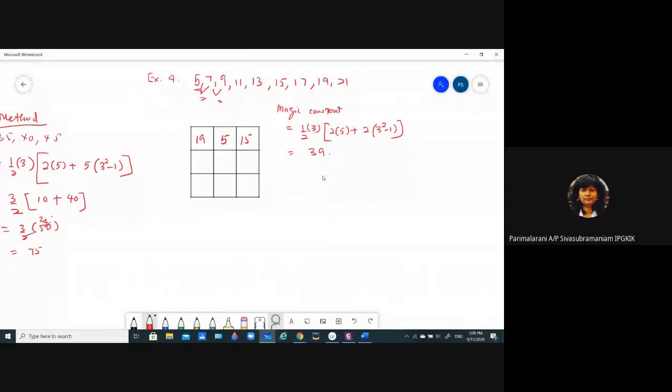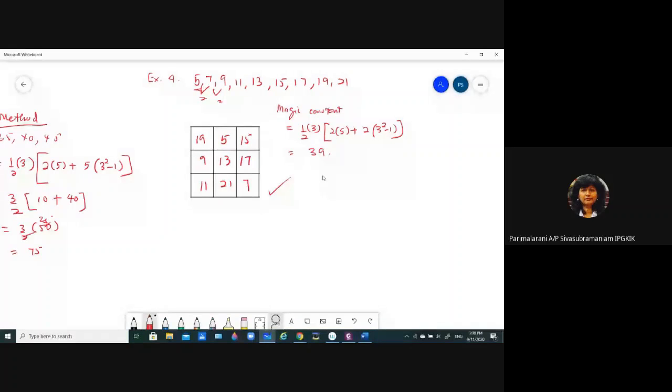Next, 13. Here, 17. Then 11. 21. 7. Okay, very good. This is done.